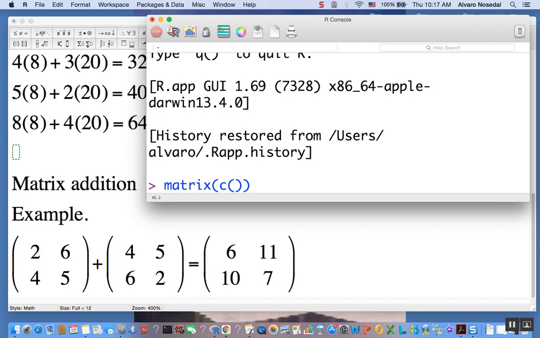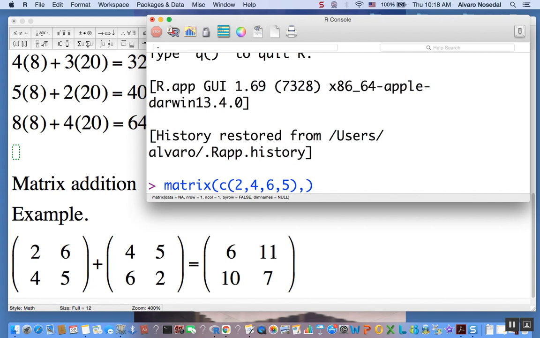Something that I would also like you to keep in mind is that R reads vectors as column vectors. Since the matrix that I want, if you read it by column, is 2, 4, and then 6, 5, that's the way I provide the information to R: 2, 4, then second column, 6, 5.